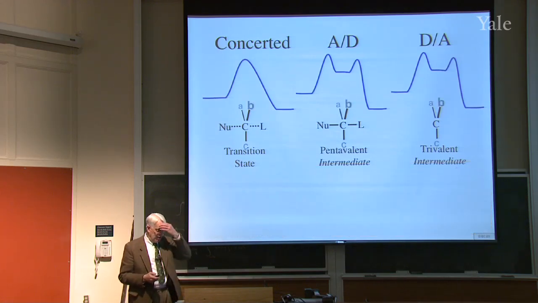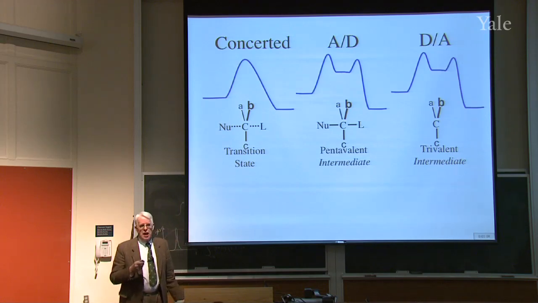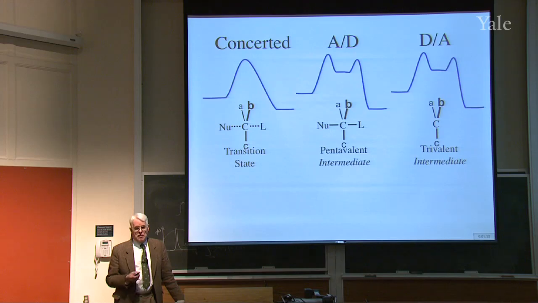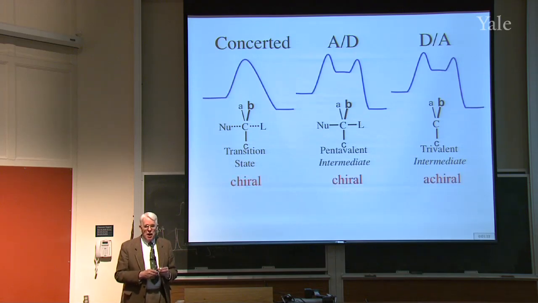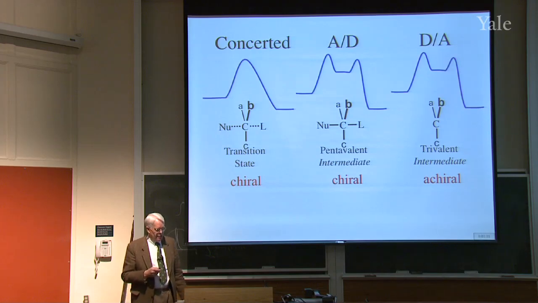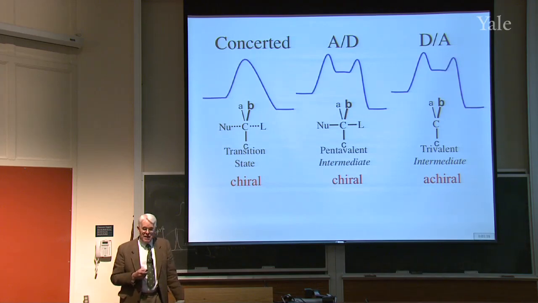starting material so much. Now, if you have three different other substituents on the carbon that's being attacked, other than the leaving group that's leaving, then you have the possibility of chirality, right? So the first transition state and the pentavalent intermediate are chiral, but the trivalent intermediate, if it's planar, is achiral.